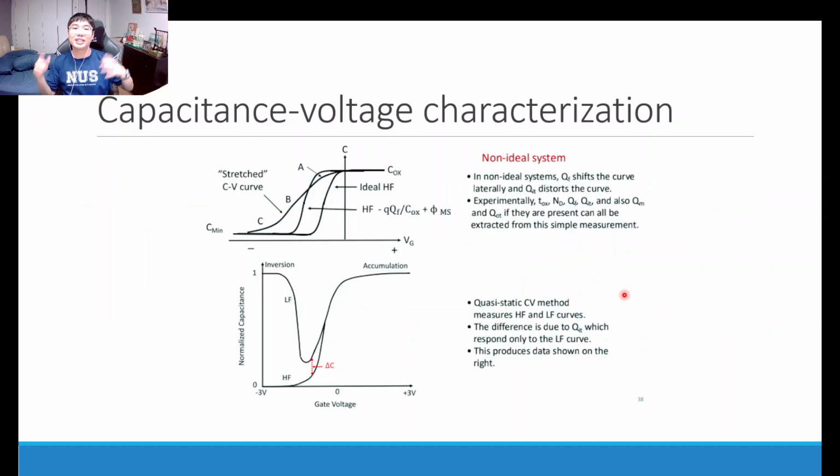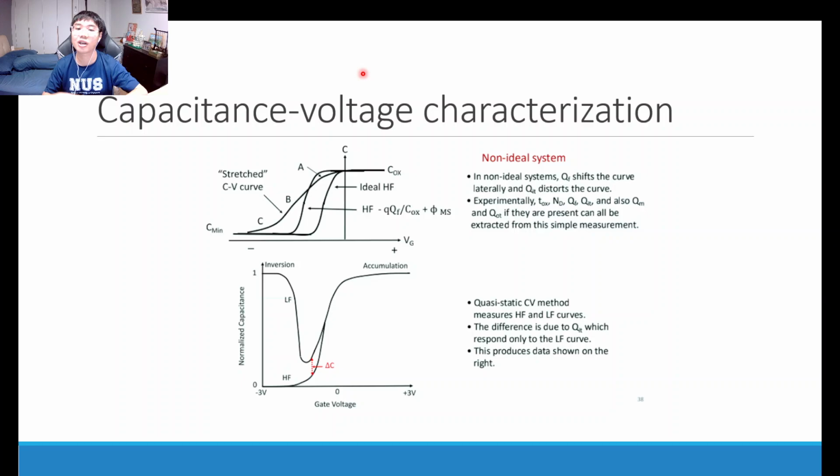So what is the consequence when there are certain non-idealities in the oxide? Non-idealities can be, for example, certain fixed charges in your oxide, or certain traps in the interface between your oxide and your semiconductor. If there are fixed oxide charges, it is a simple horizontal translation of your CV curve.